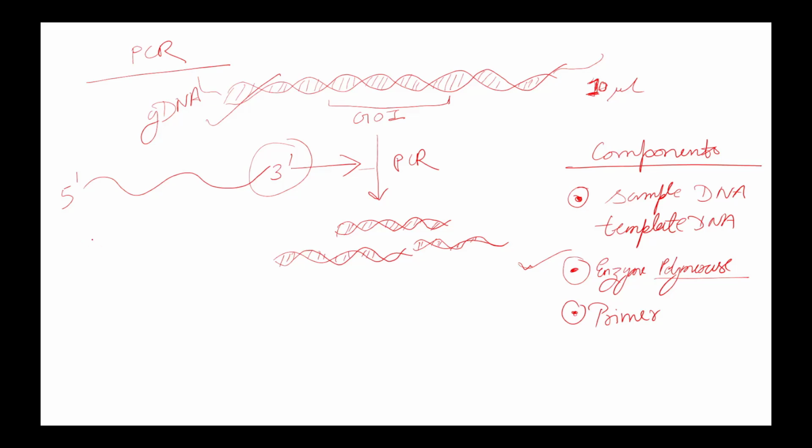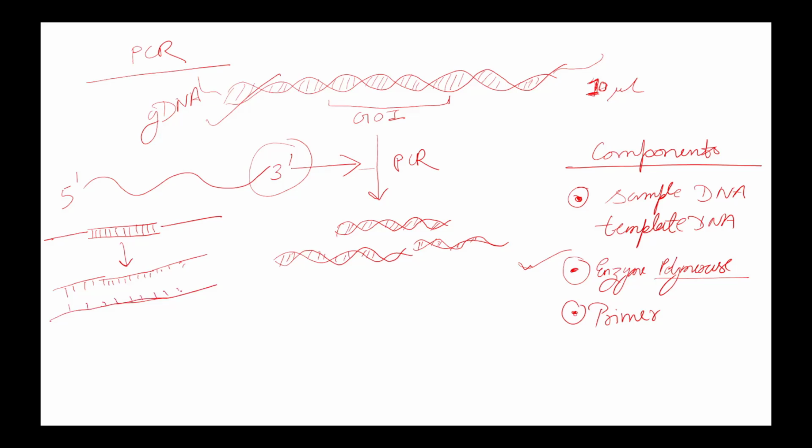So if I initiate, this is my particular gene of interest and this is my other extra pieces of DNA. The first step will be the breaking of the hydrogen bonds. Let's draw this: the entire hydrogen bond is being broken.